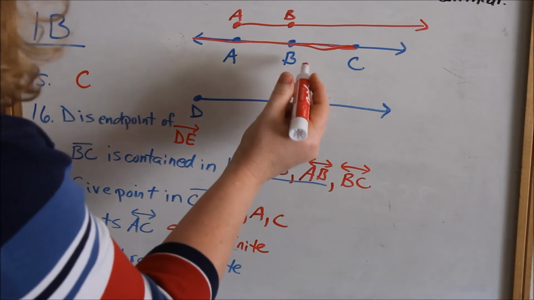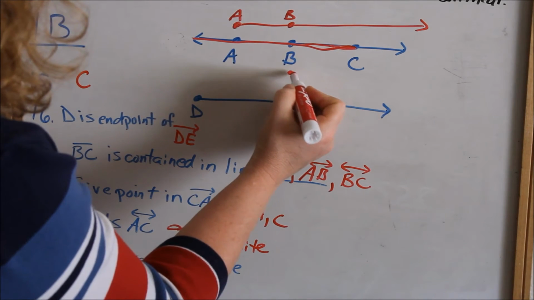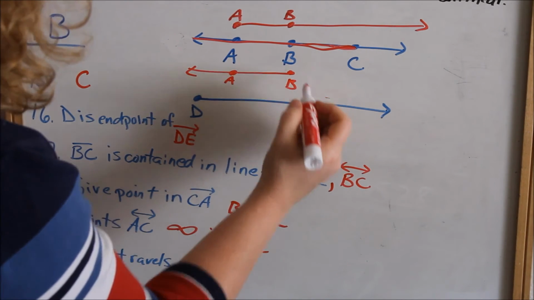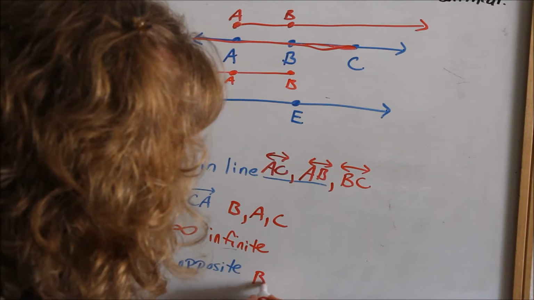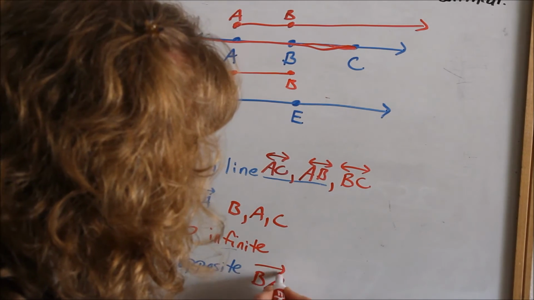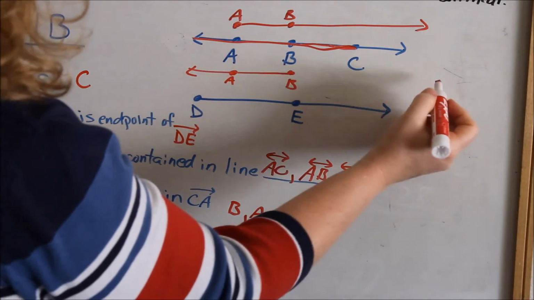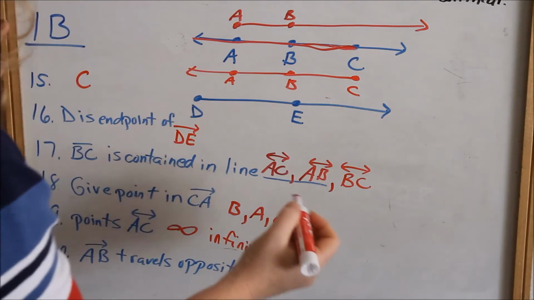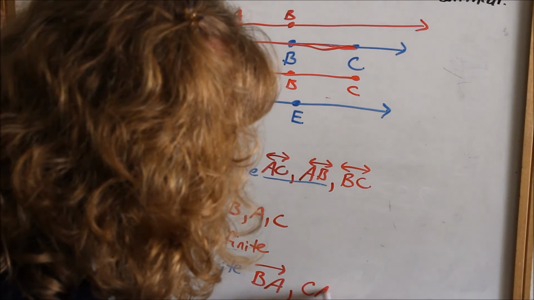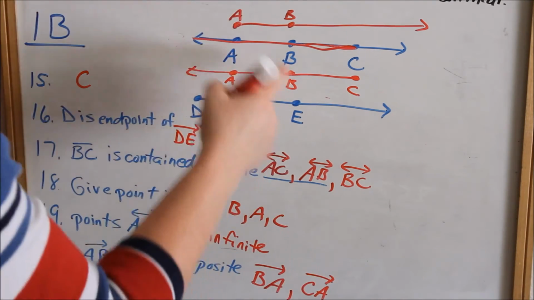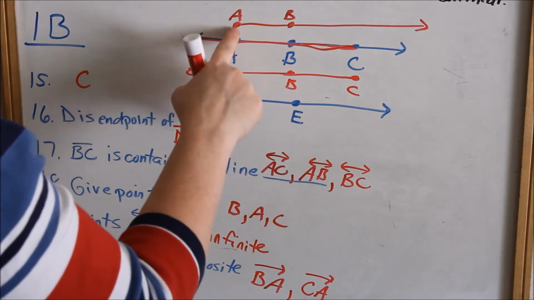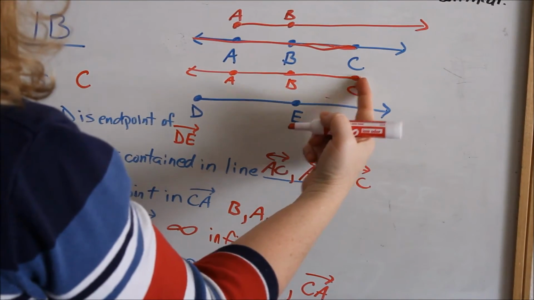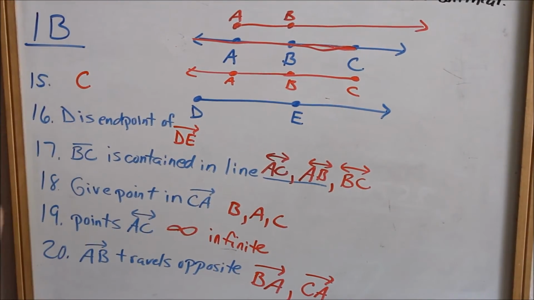I can say ray BA if it starts at B and goes towards A, or maybe it starts at C and goes towards A, or I could say ray CA. The main thing is it starts at the other end. Here it starts at A and goes infinitely to the right. Now I need to start over here and go infinitely to the left.